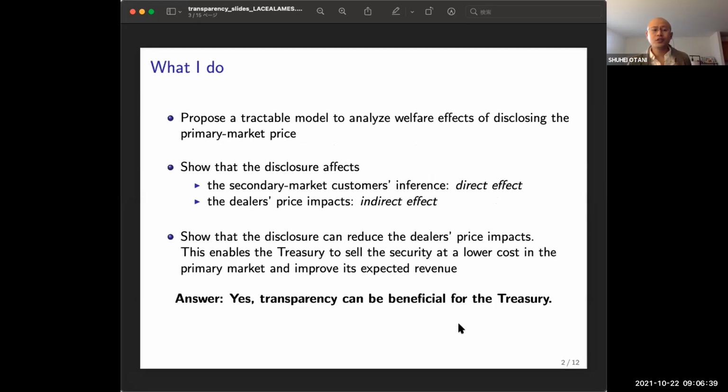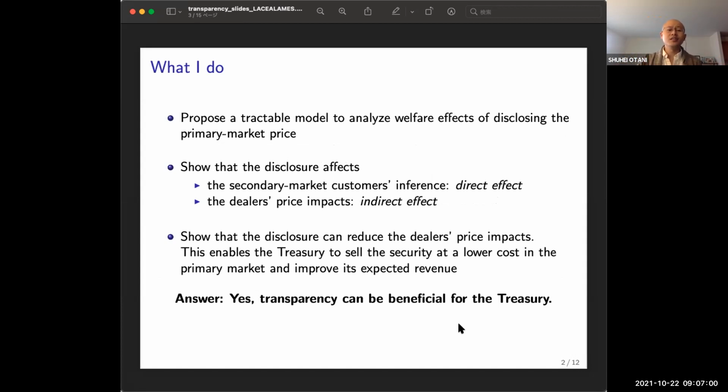And to answer the question, I propose a tractable model to analyze the welfare effect of disclosing the informational content of the primary market price before the secondary market opens. And in this talk, let me focus on the expected revenue result of the Treasury. And I show that the information disclosure affects in two ways.